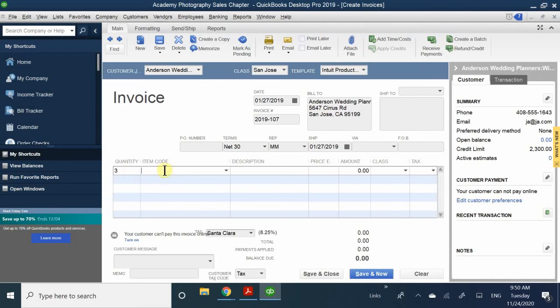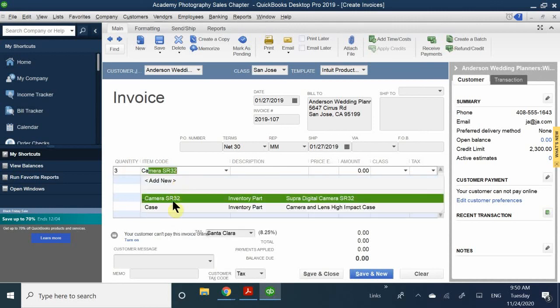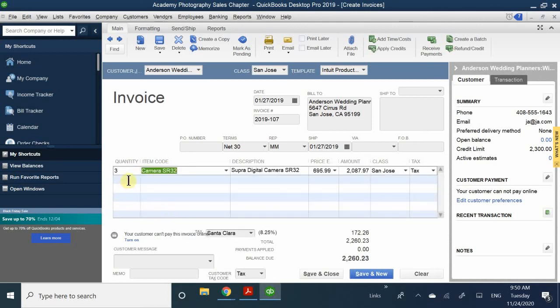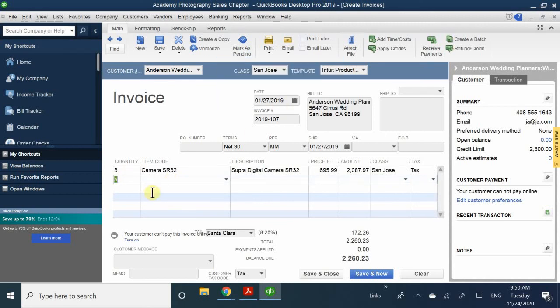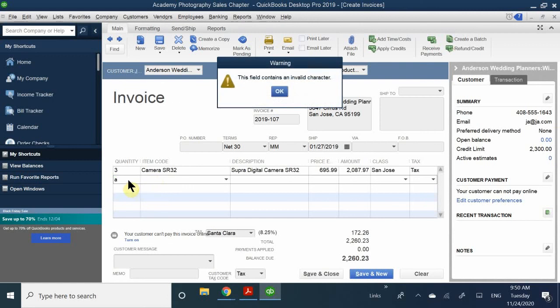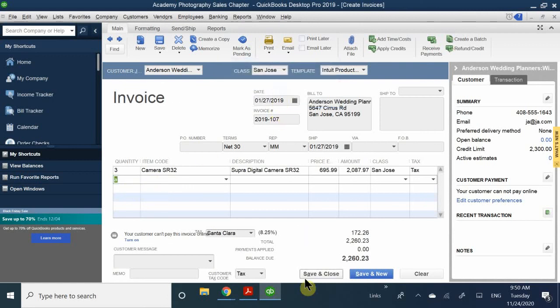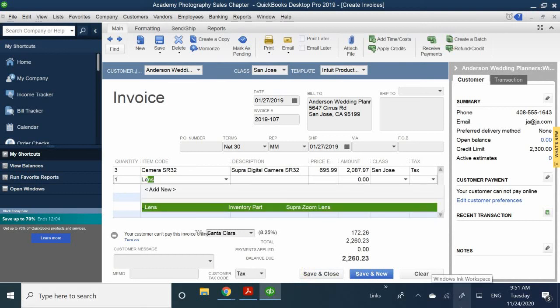All right. Camera. That's an item I have. And they also bought 1 lens. Oh, okay. 1 lens. All right.